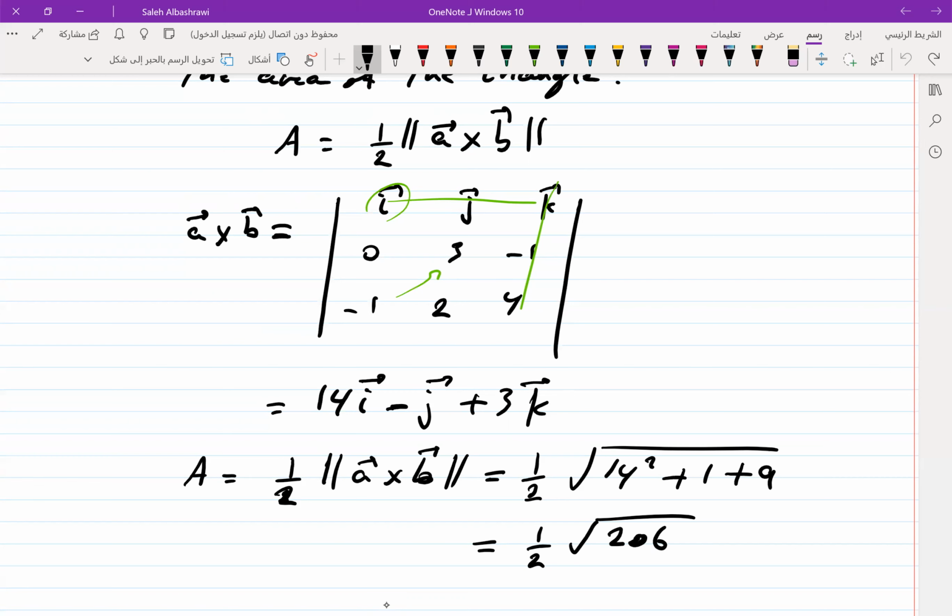So the area of this triangle is equal to one half multiplied by the square root of 206. The idea is to create two adjacent vectors, then find their cross product, find the magnitude, and divide by 2. That will give me the area of the triangle.